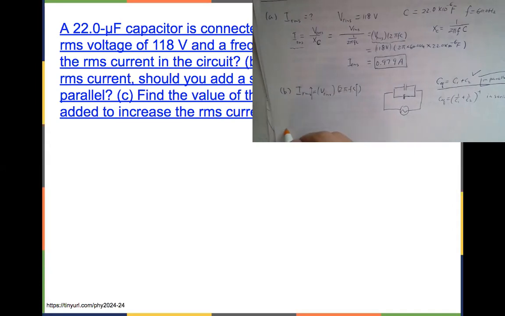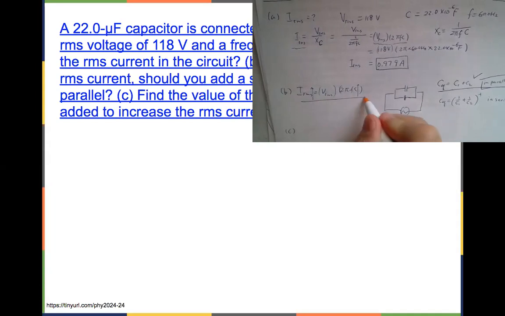All right. So part C is asking, if your target RMS current is 1.5, then what will be the value of the second capacitor? We can use this expression, looking at the equivalent capacitance, because we have two in combination.